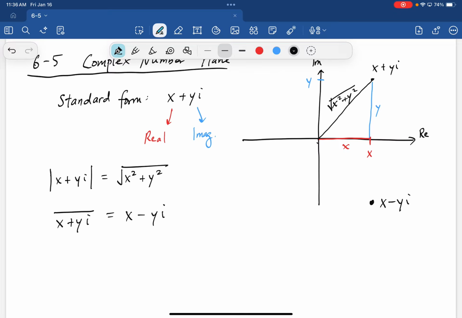All right, let's keep going then. Your answers should have been 2, square root 13, square root 5, and 5. For the magnitude, 3 squared plus 2 squared, 13 for 1b.